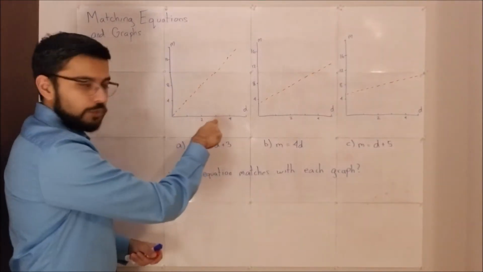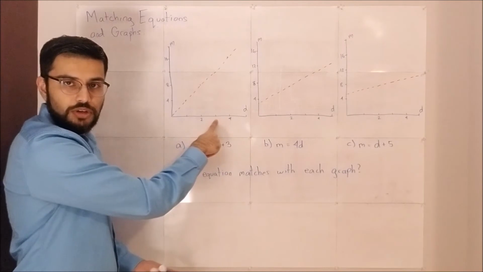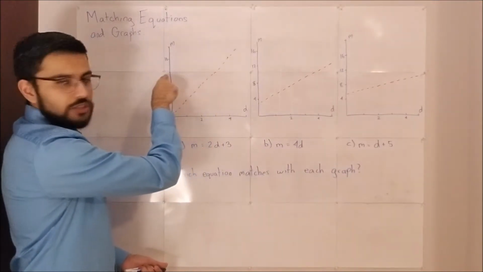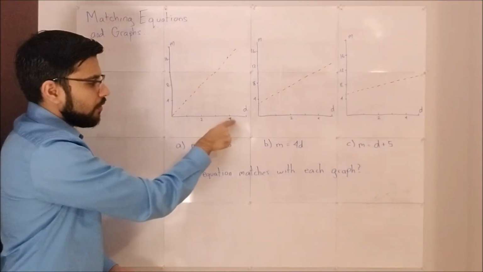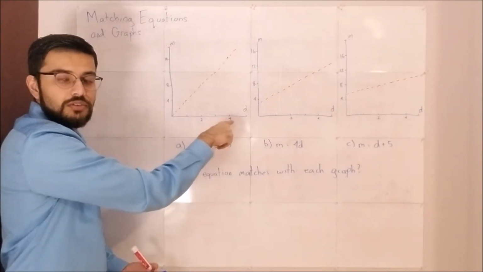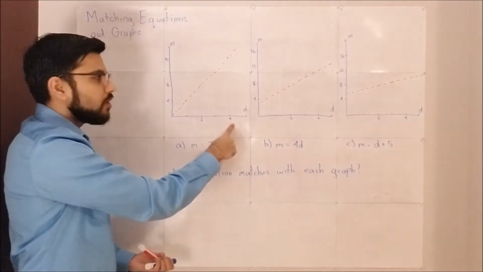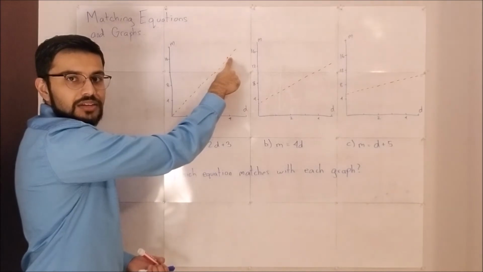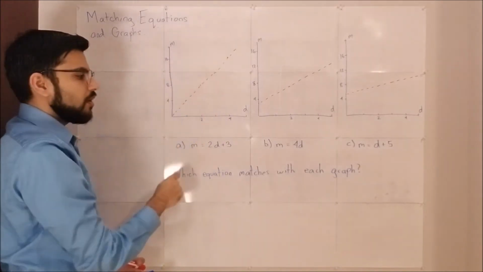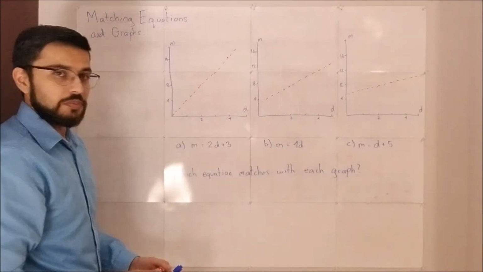So if I went to 3, for example, 3 times 4 is 12. So I should be matched up with 12. 4 on the D axis, 4 times 4 is 16. So I should be at 16 on the M axis. So this one matches up with B.